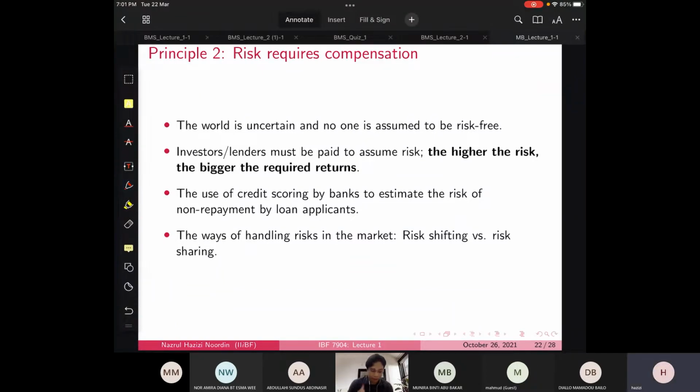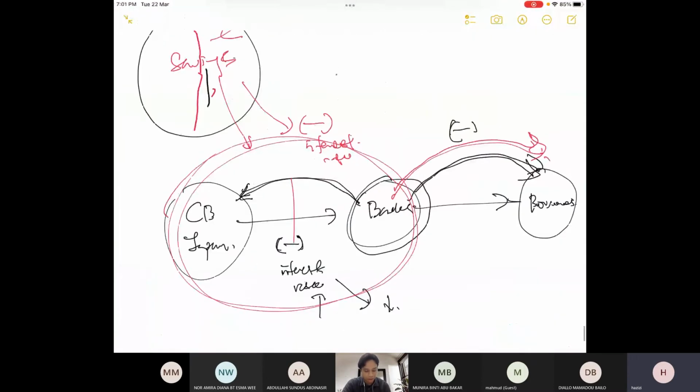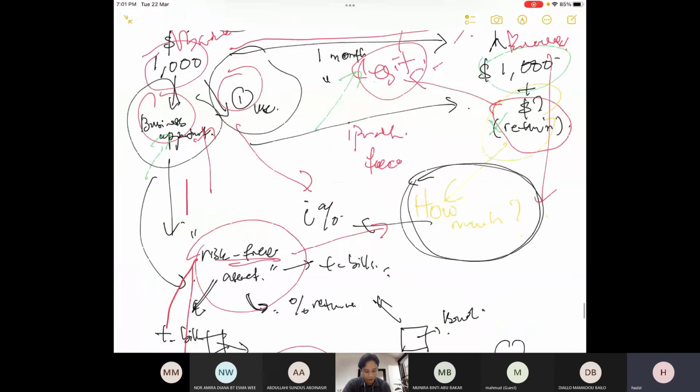And let me be clear with you on one more thing. The concept of risk shifting and risk sharing are entirely two different things. You have seen risk shifting applied in conventional banking. Remember, we discussed earlier the case of myself and this borrower.